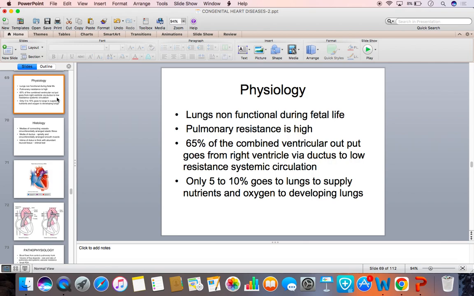That's why I told you, the right ventricular output mostly goes into the systemic circulation to get the blood reoxygenated in the placenta. And only 5 to 10% goes to the lungs to supply the nutrients and oxygen for the growing lung.